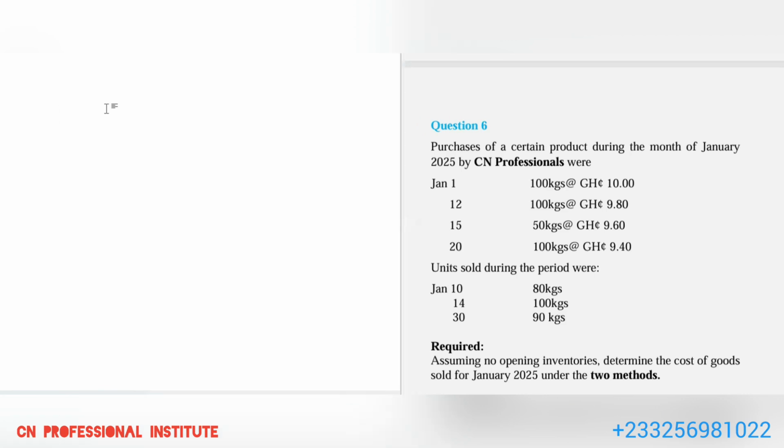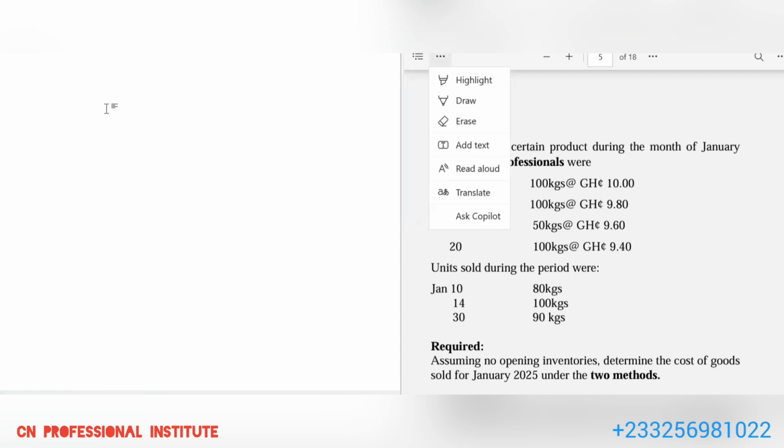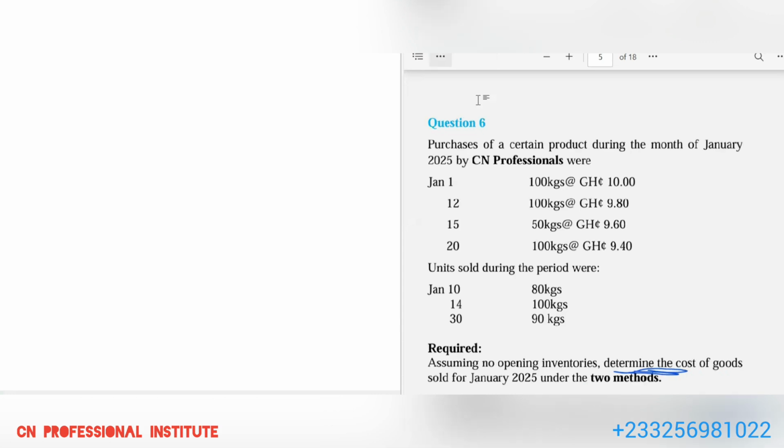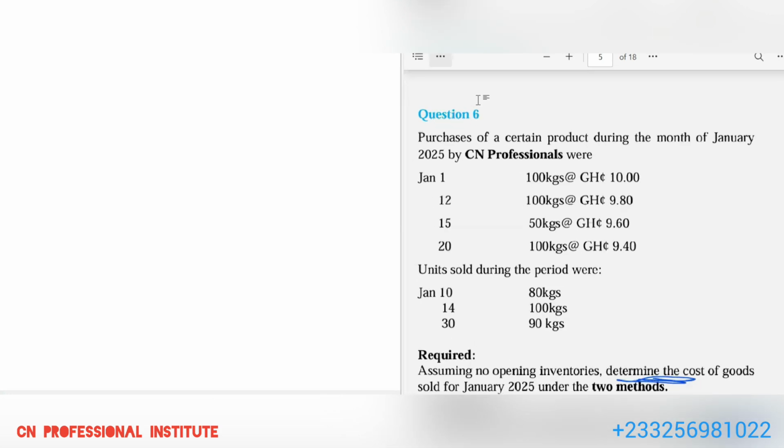Very good. So once again, looking at this question, the requirement is to determine the cost of goods sold, the cost of sales, under the two methods. I'm going to zoom this one out so that we can see.